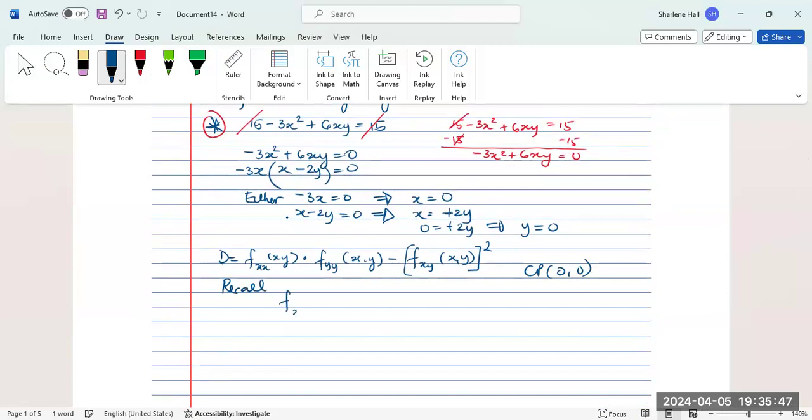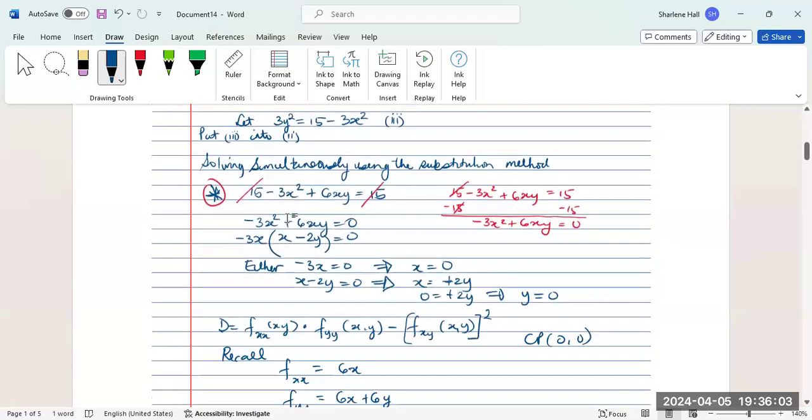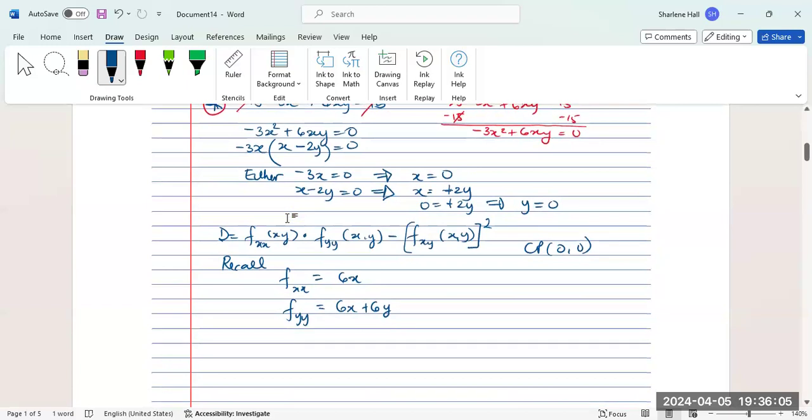Recall f_xx is equal to 6x and f_yy is equal to 6x plus 6y. That's what it says. When I find this is my value of x, that's my value of y.